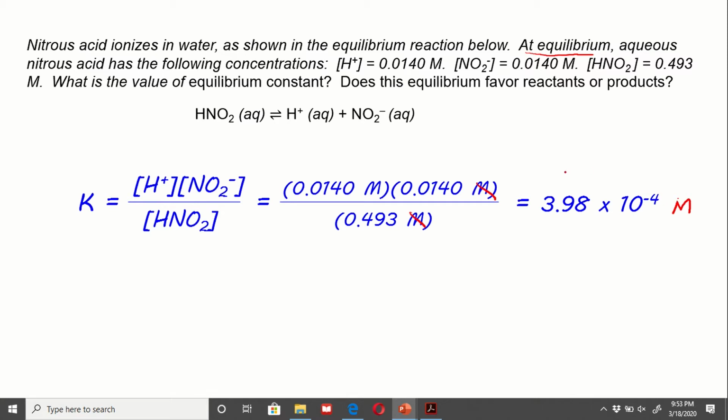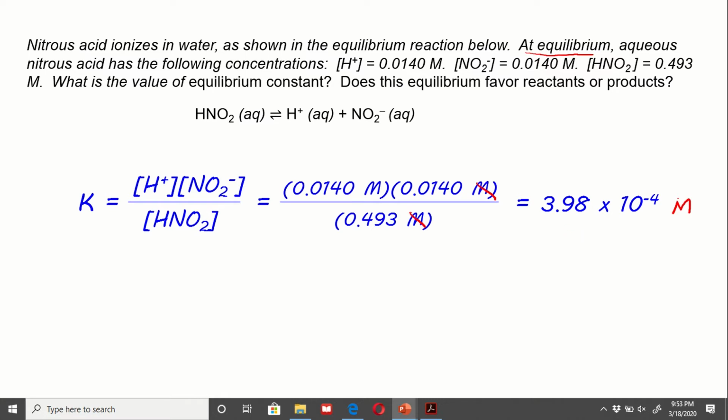Look at the numerical value you have obtained. Is it larger than 1 or smaller than 1? You can obviously see this is 10 to the power of a negative number, so it is going to be a smaller number than 1.